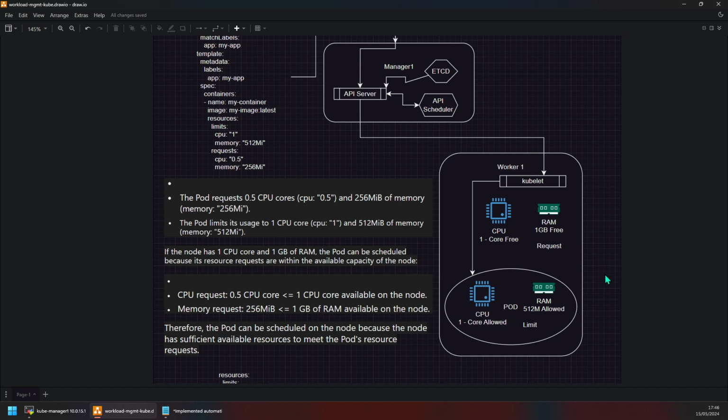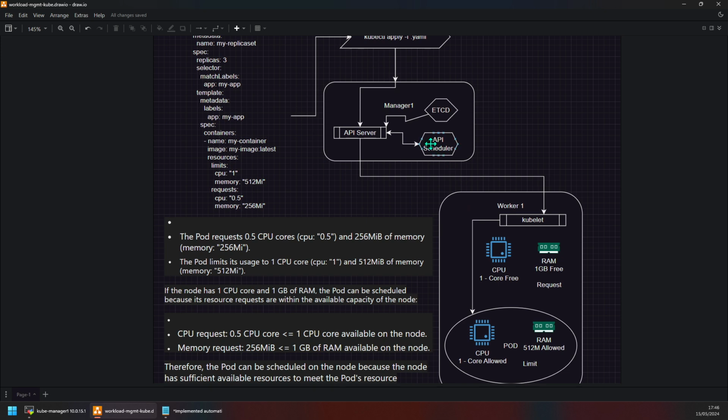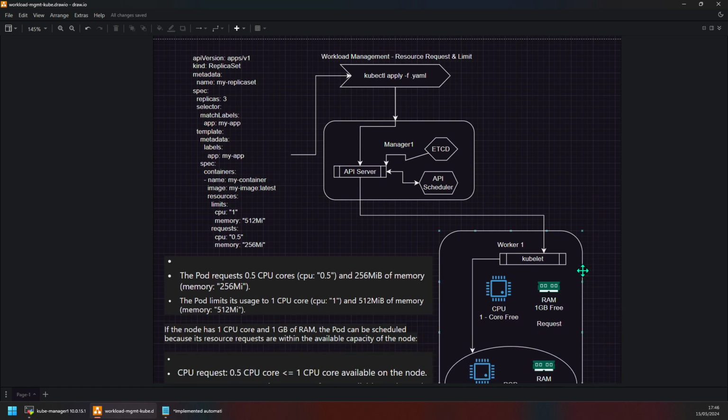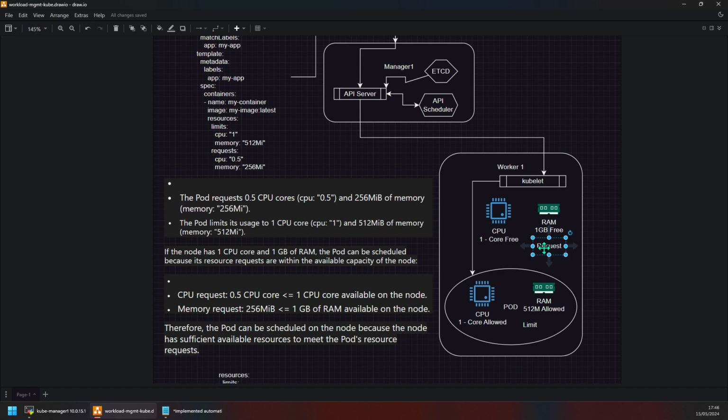So that's the whole idea of having the scheduler and kubelet working together. Now, why are we discussing this? We're going to talk about resource request and resource limit. I put the word request and the word limit to understand where each of them stands.